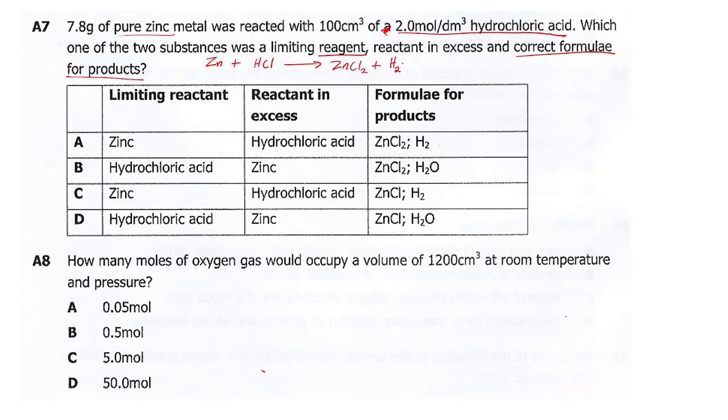This is because the zinc is coming to displace the hydrogen. The hydrogen comes out as hydrogen gas, and the chlorine joins the zinc and forms zinc chloride. Here the hydrogen gas is H2.